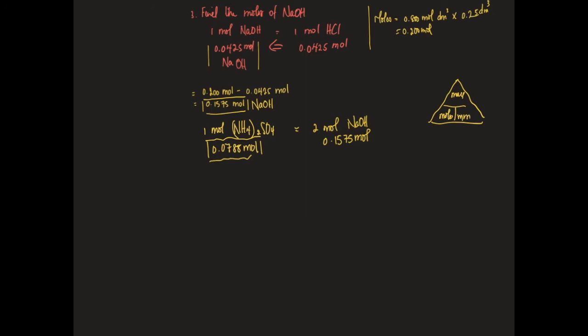We want to find the mass, which means we have to multiply the moles by the molar mass. Now, we can write the equation: mass in grams is equal to moles multiplied by molar mass in grams per mole.